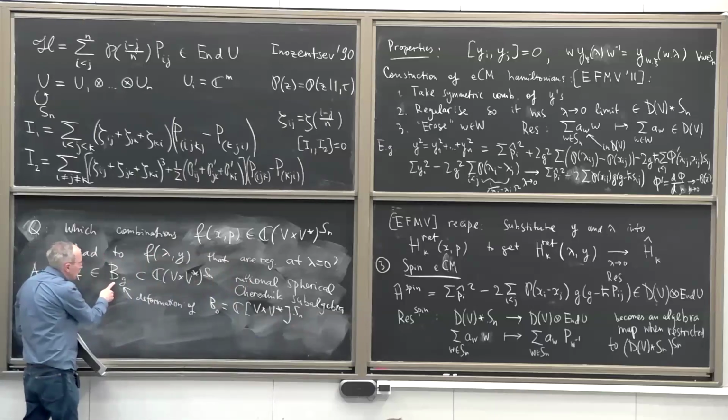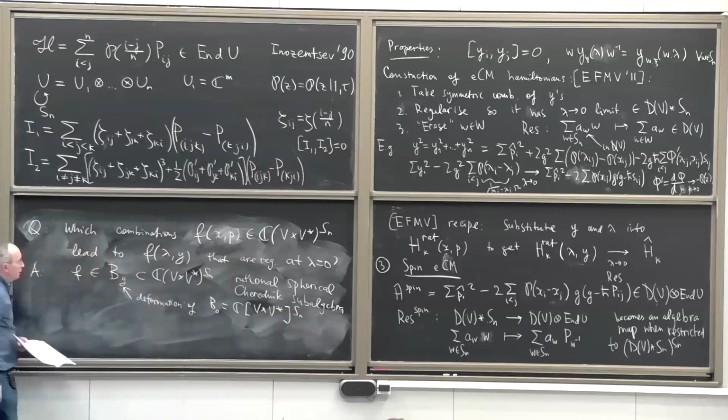That's a Poisson algebra. I can describe the set of generators, but maybe I'll skip. Okay, maybe let's see. Yes, so maybe I will give a proposition.